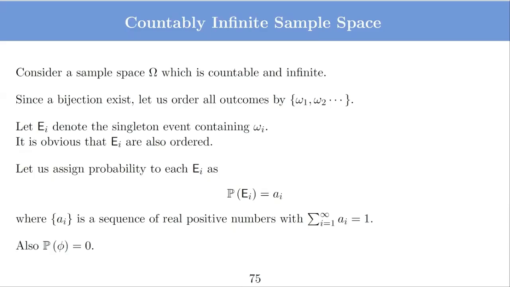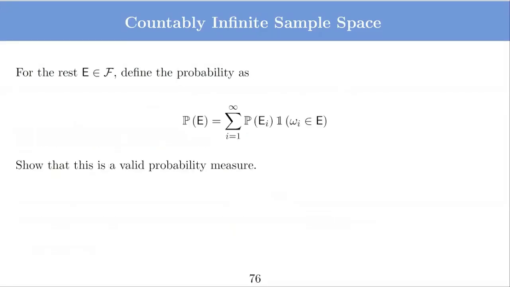Now I have only defined probabilities up to the singleton events. What about the rest of the events in the sigma algebra? Here also I am assuming the sigma algebra to be the power set of omega. So there are many elements in the sigma algebra. But we can recall that any element you take in F is just a subset of omega, and it will be made of the different outcomes of omega. So this will be nothing but a union of some Ei's.